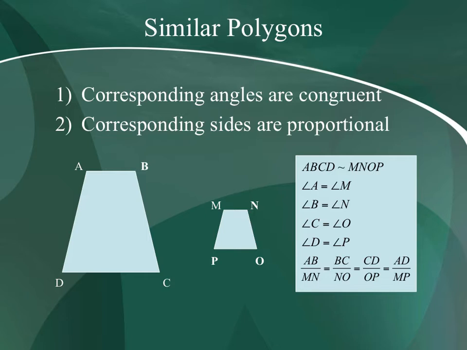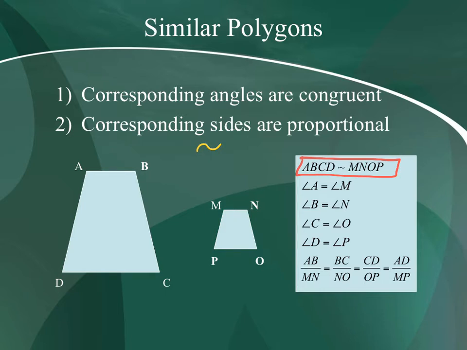So in this figure, over here in this box, this is my similarity statement. The symbol for similarity is this wave-looking thing. That is the symbol for similar.